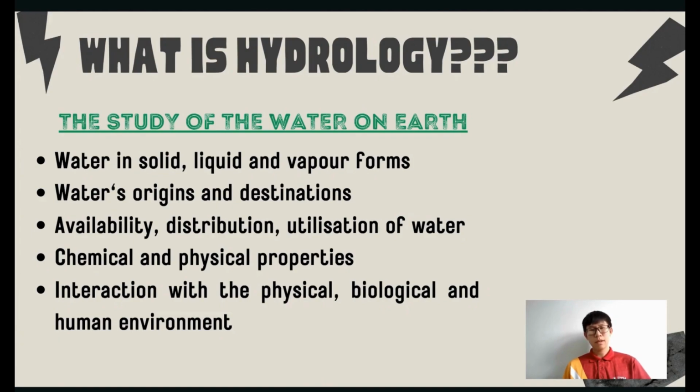Water originates from natural processes like evaporation, precipitation, and runoff, ultimately returning to ocean, river, and groundwater. Water's availability, distribution, and utilization are vital considerations for sustainable resource management.